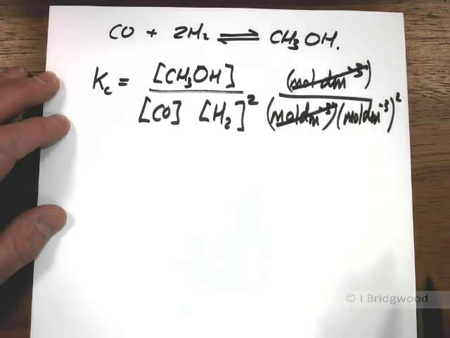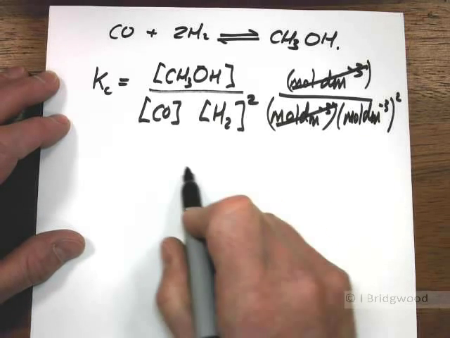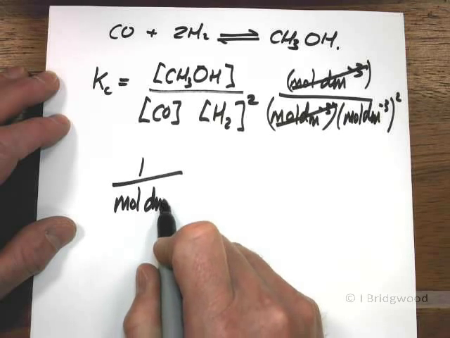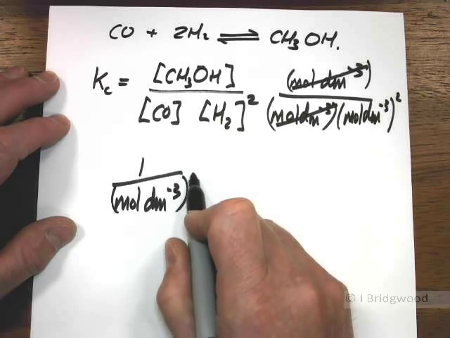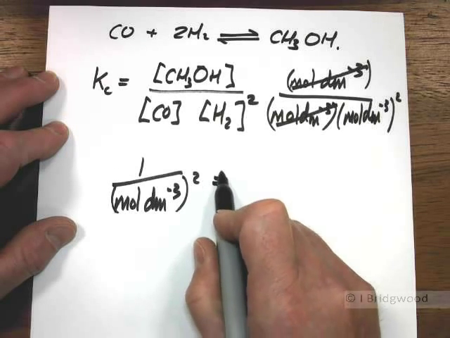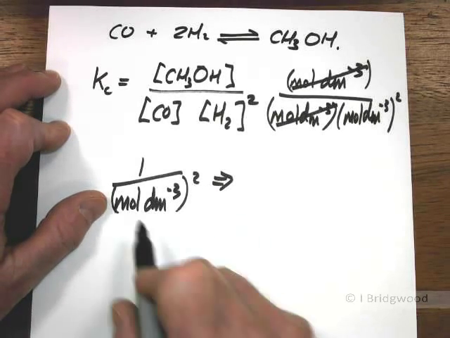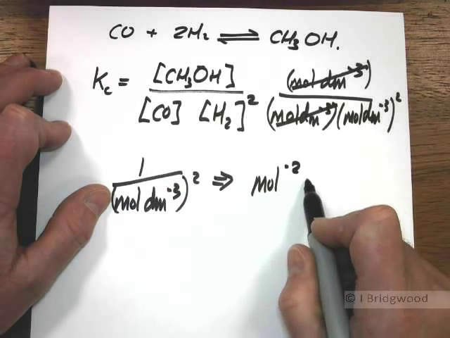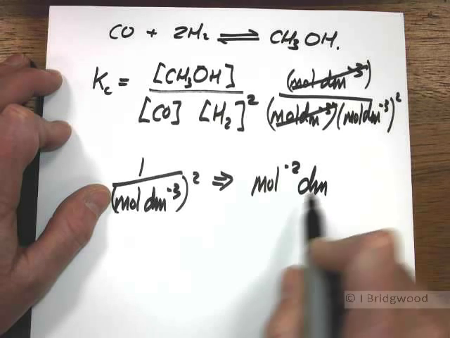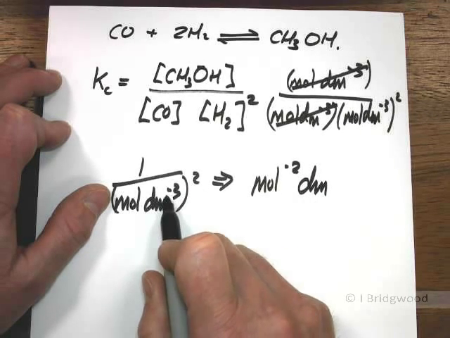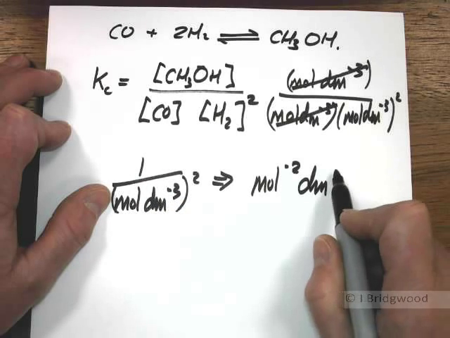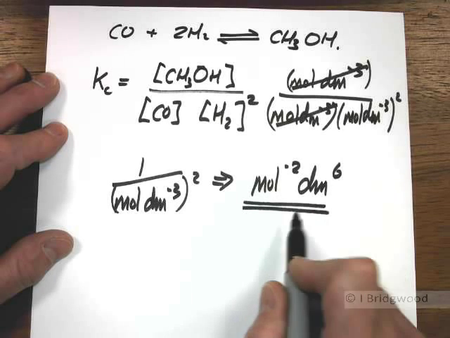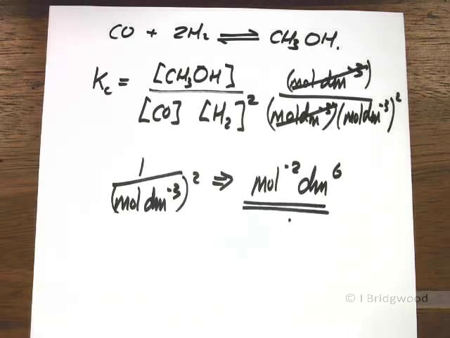Moles per cubic decimeter can cancel, which leaves us, of course, 1 over moles per cubic decimeter squared, which we can therefore convert to, well, the square of moles is moles squared, 1 over moles squared, mol to the minus 2, decimeters to the power 6, dm to the 6. There we have our units for Kc in this case.